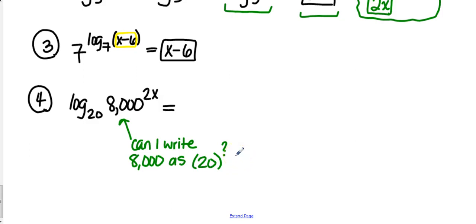So grab your graphing calculator if you haven't gotten it out yet, and try to figure out 20 to what power is 8,000. Start small. 20 to the first is obviously 20, and go from there. Give you a couple seconds to try that out, or press pause and try it out. And I'm hoping that if you are continuing to listen, you figured out that I can rewrite 8,000 as 20 to the third.